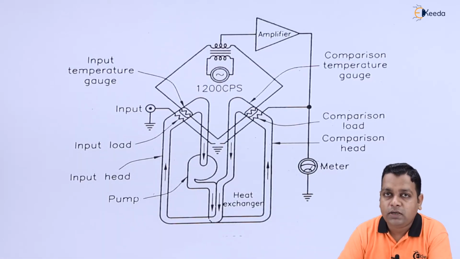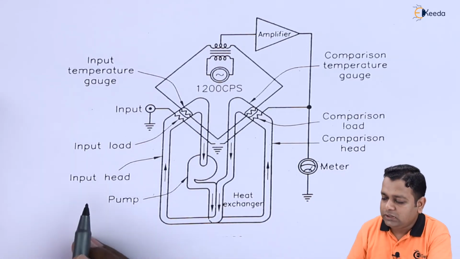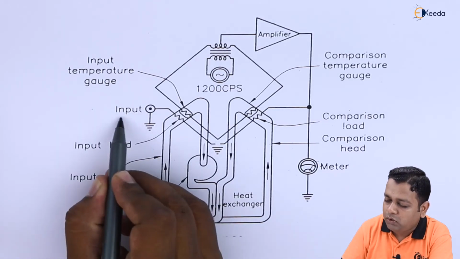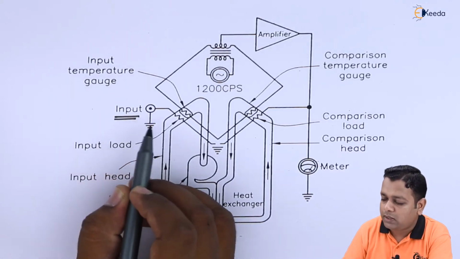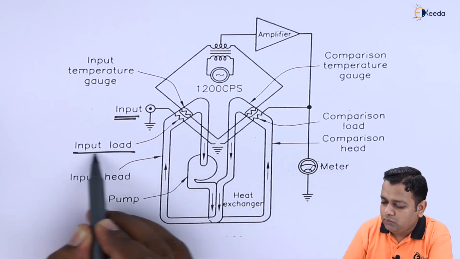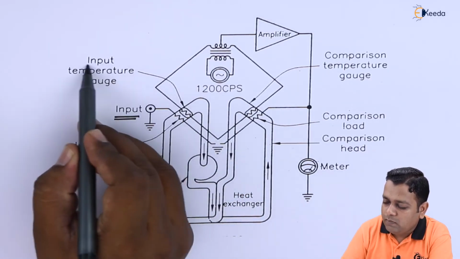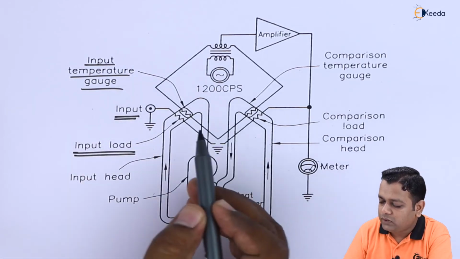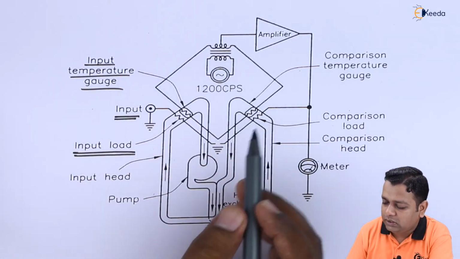The complete assembly to have the measurement of the medium level of the power can be seen in this schematic diagram. In this schematic diagram, we can start from this point where the input is provided, and in this particular arrangement we have the input load represented, the input temperature gauge. So this is a part of the bridge represented.